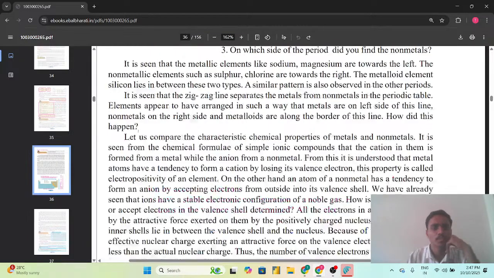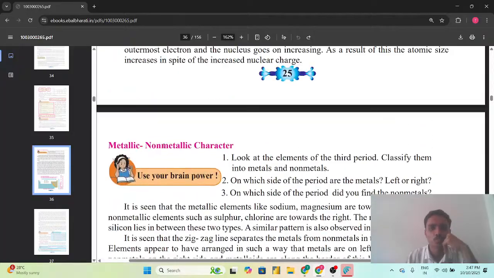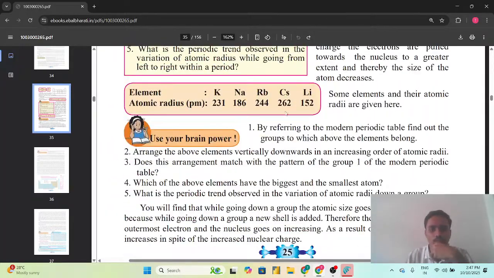One more thing here: the atomic radii that were given. If we see, lithium atomic radius 152, sodium 186, potassium 231, rubidium 244, cesium 260. So we can see here that the atomic radius goes on increasing.